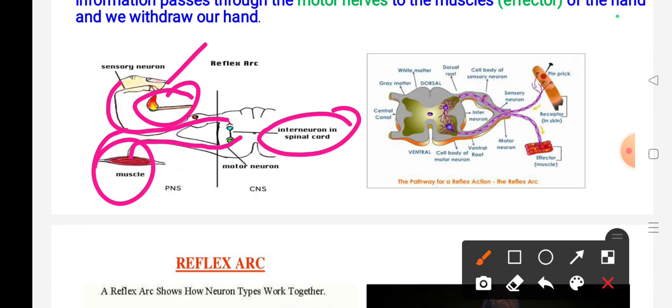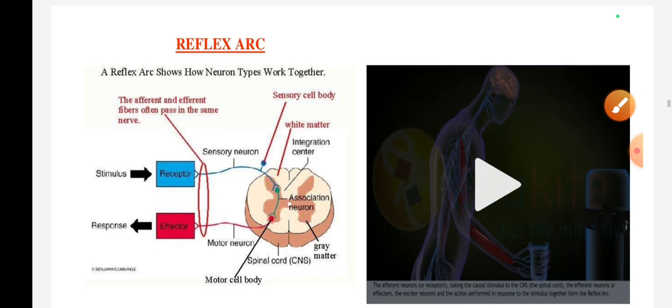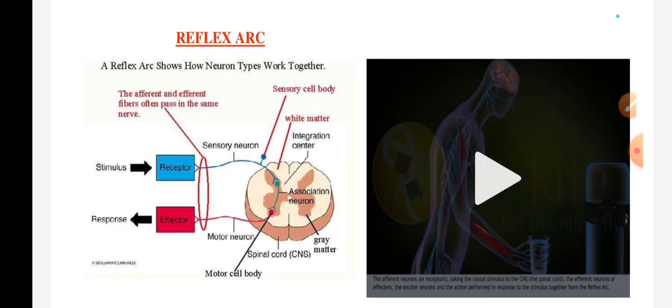The motor neuron, interneuron and sensory neuron are all connected to our spinal cord. Then the reflex arc. What is a reflex arc? The arc shows how neuron types work together. Okay, see here.